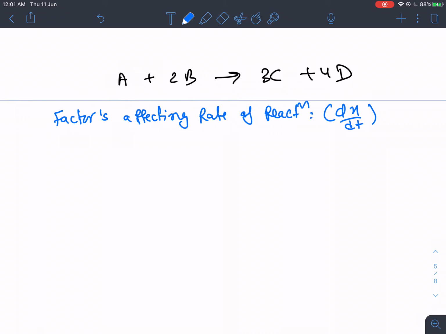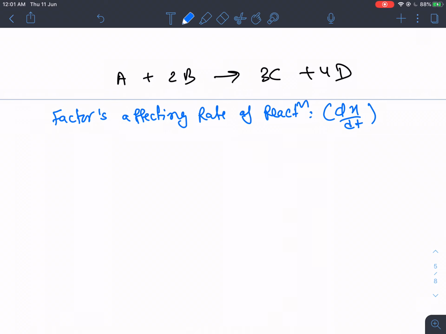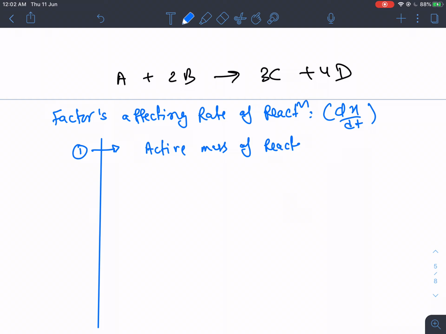So let's talk about a few of these. Number one is the active mass of A and B, the active mass of the reactant. Here I am using the word active mass, not concentration, because they are different, guys. You have studied this already in chemical equilibrium, so I am not dictating it here.